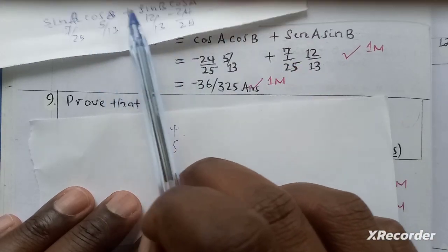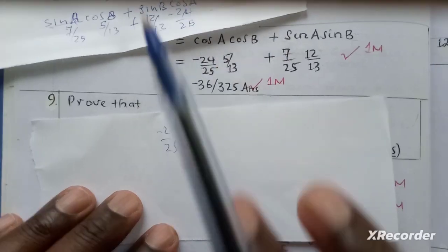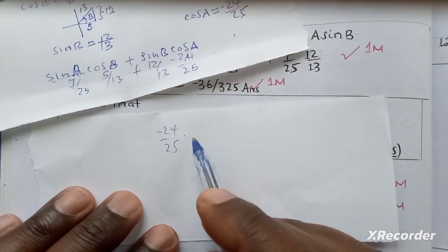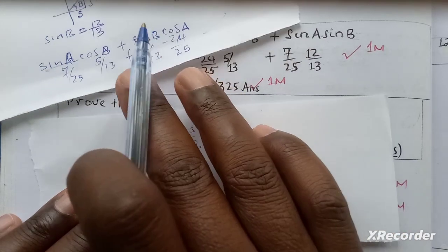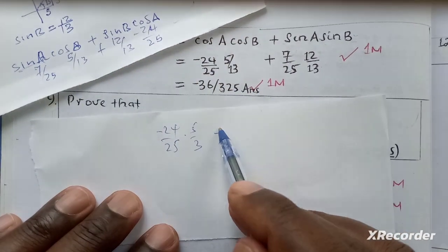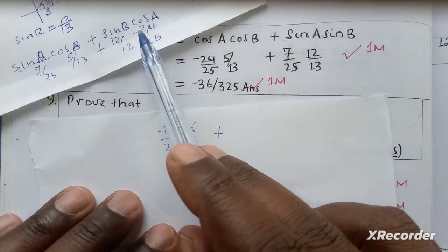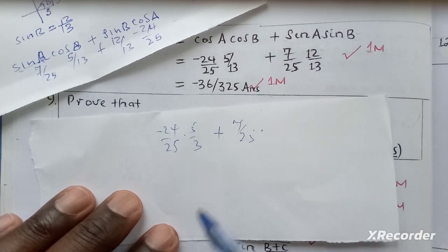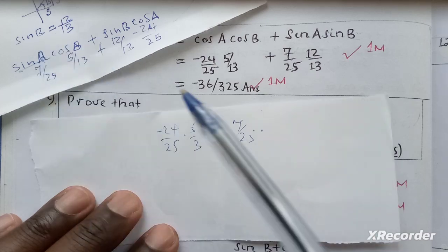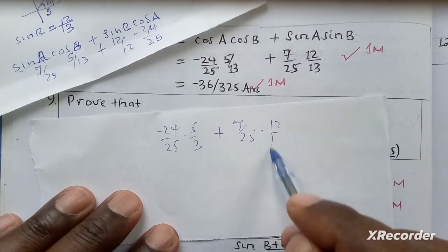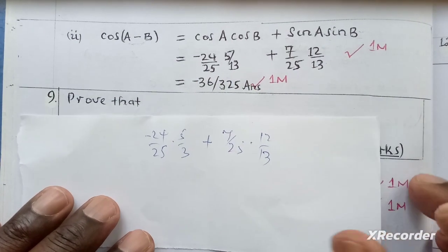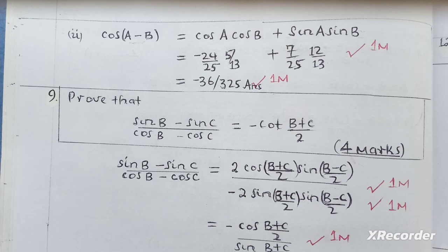Our cos B is 5 over 13. Then plus sin A, which is 7 over 25, and sin B is 12 over 13. You do the same, and you are going to get your answer as that. So that's how you do that problem.